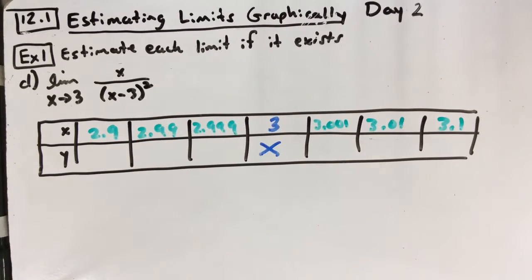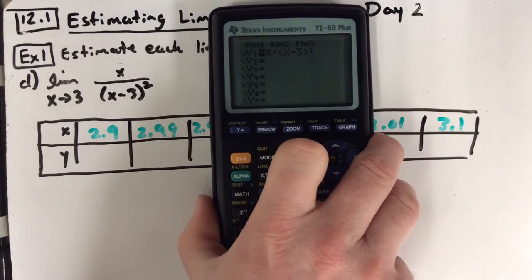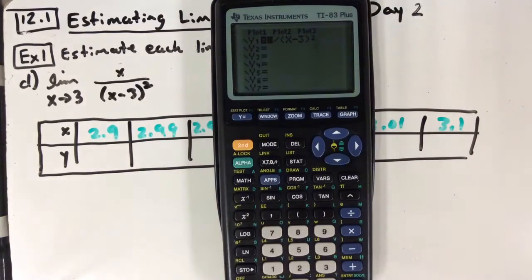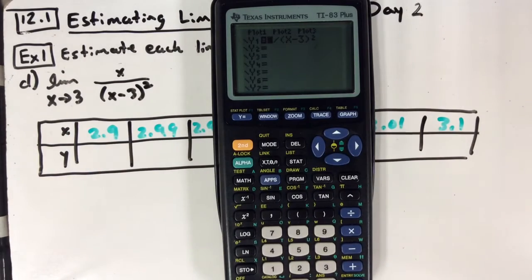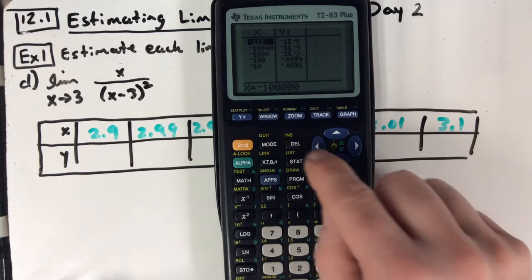From there, I would want to go through and throw this into our calculator and see what we get for those y values. Our function is x over the quantity x minus 3 squared, x on the top, and then divided by, just like it is written there with the parentheses, x minus 3 in parentheses squared. From there, we want to go to our table. I have some old values here from an old problem.